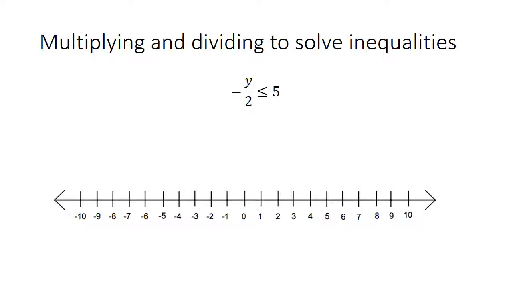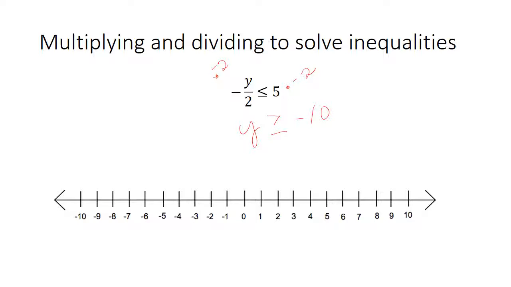So let's multiply by negative 2, because a negative 2 divided by a negative 2 is going to be a positive 1. So we're going to multiply both sides by negative 2. So we'll have y, flip the sign, so y is greater than or equal to negative 10.